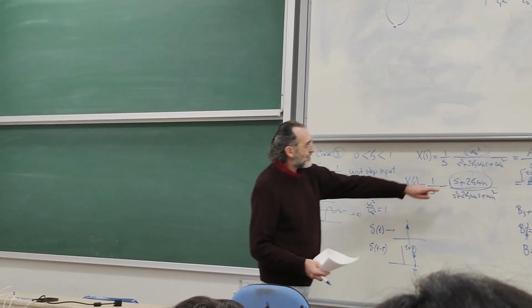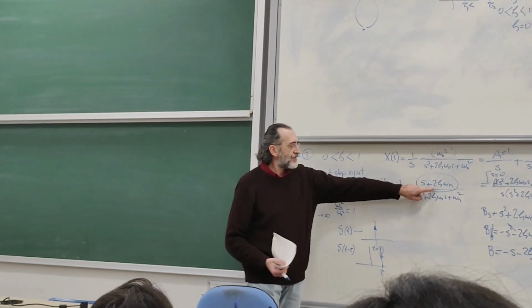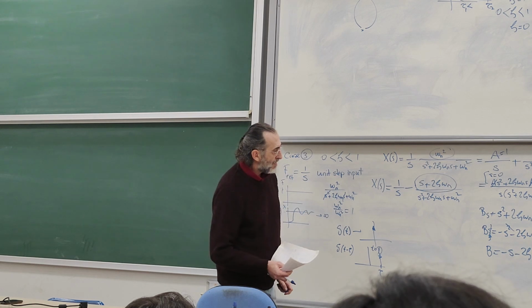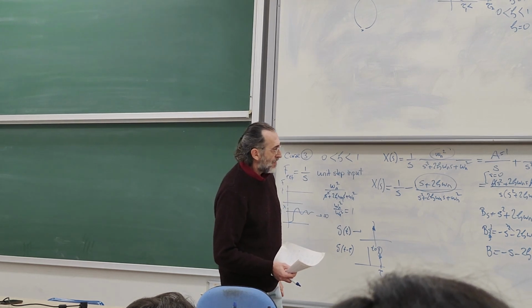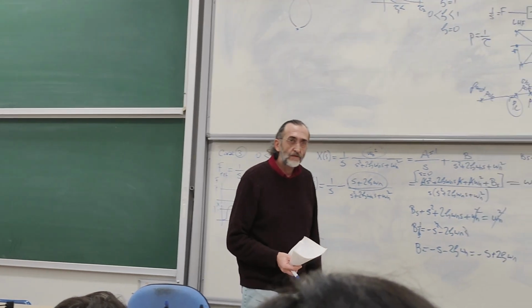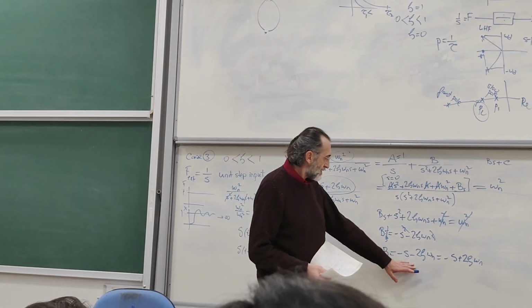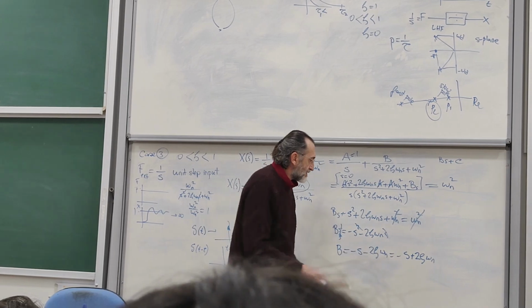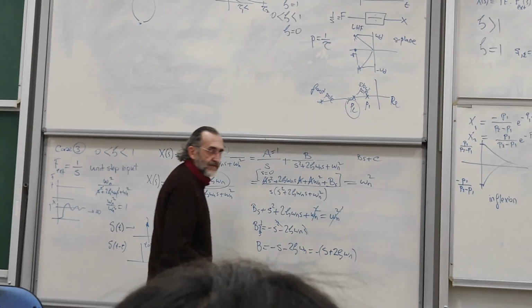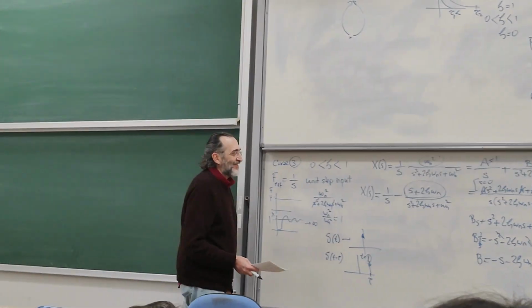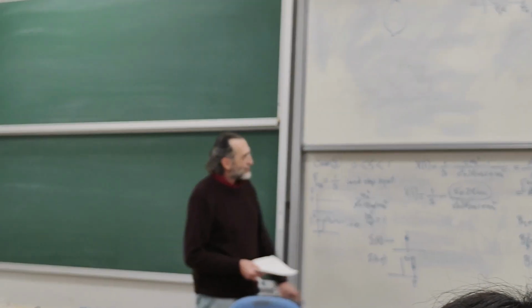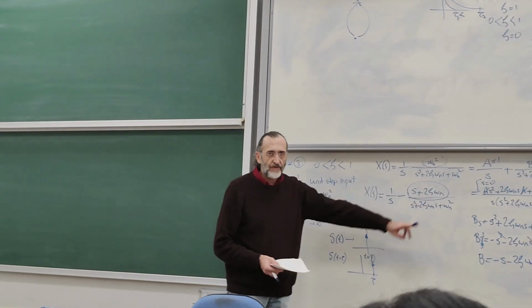The same thing happens in the S domain. If you shift this, how did B become minus S plus 2 zeta omega n? That's why I put the minus here. So I see that the S is shifted here.